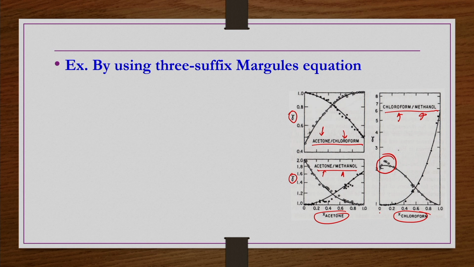And remember, all these 3 solutions show a kind of azeotrope at certain temperature, especially at 50 degree centigrade, close to that one, right. Despite that, the ln gamma i versus xi or xj information has been successfully represented by the 3 suffix Margules equation.